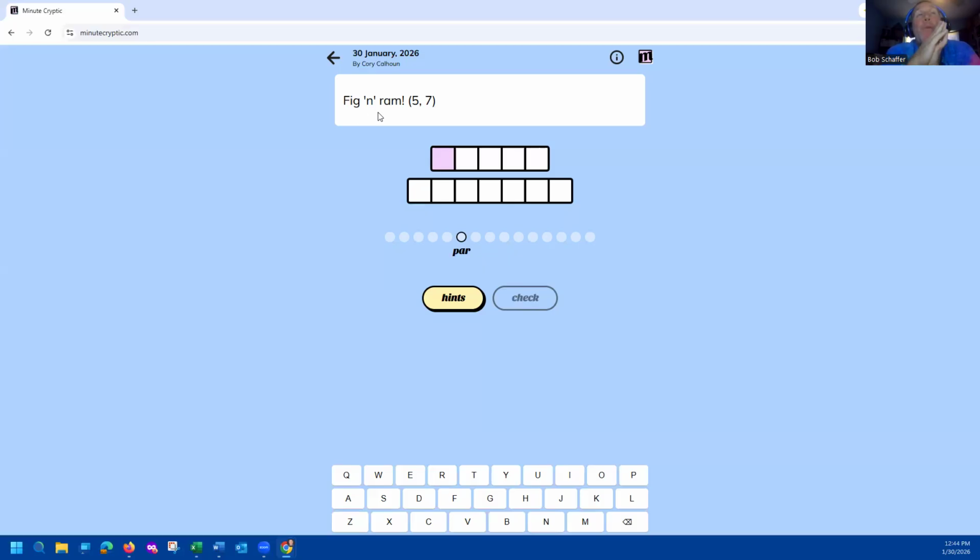RAM could be rearranging the FIGN, but how in the world do you get 12 letters out of there? I mean, in quotes, and quoted. FIGN gives us 4 of 12. We need 8 more.